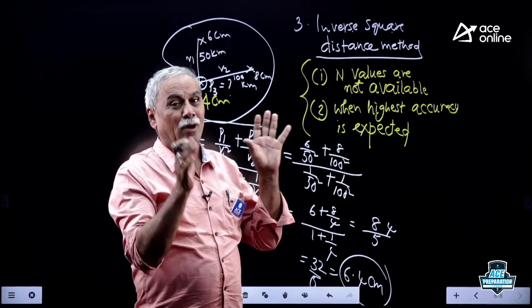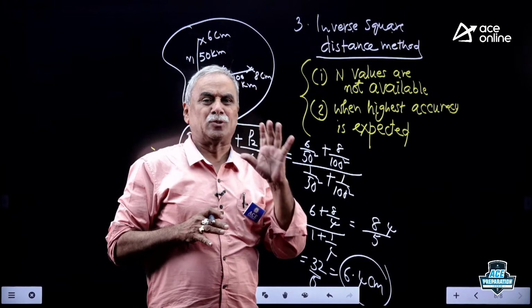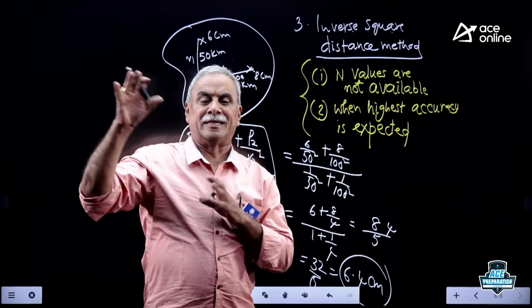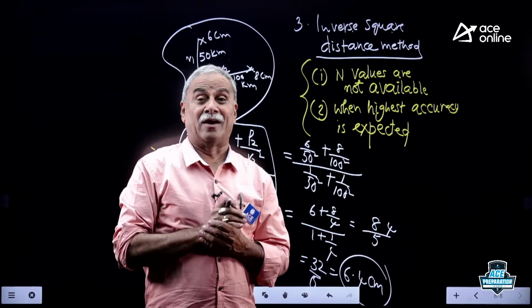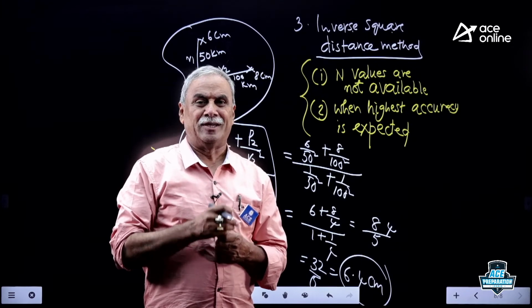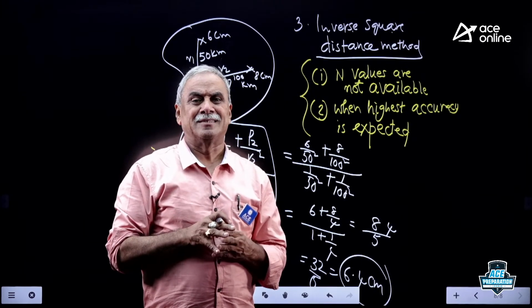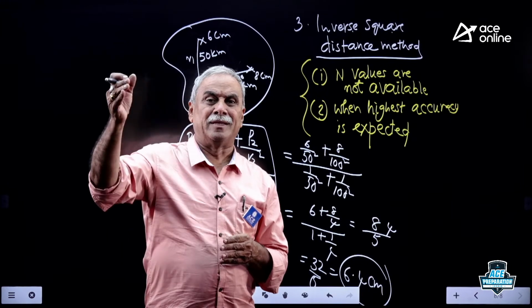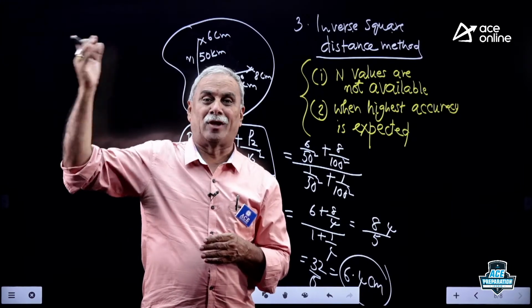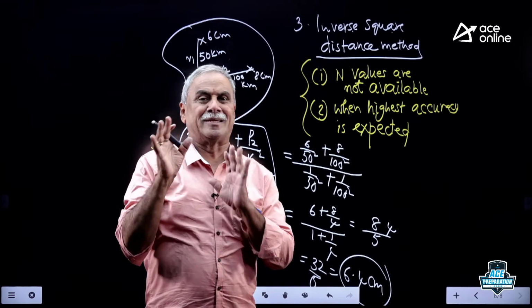This area also, I feel, in the chapter of precipitation, is equally important: the calculation of the average depth of rainfall, which we discussed in some other classes. Arithmetic mean method, Thiessen polygon method and isohyetal method. This is also an important area.